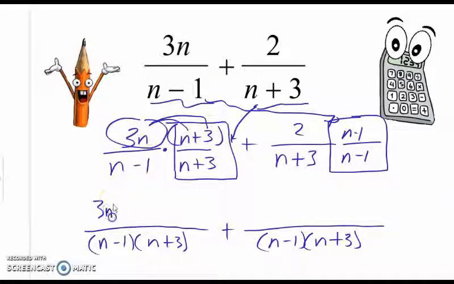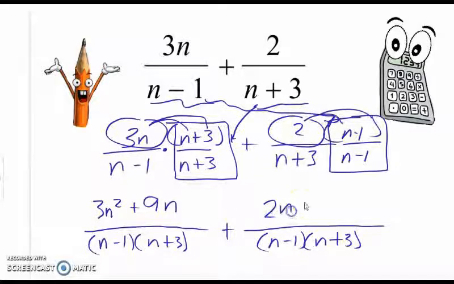So now we have to factor the denominators. So it's going to be 3n squared plus 9n for the left side. Then it's going to be 2n minus 2 for the denominator on the right side of the equation.